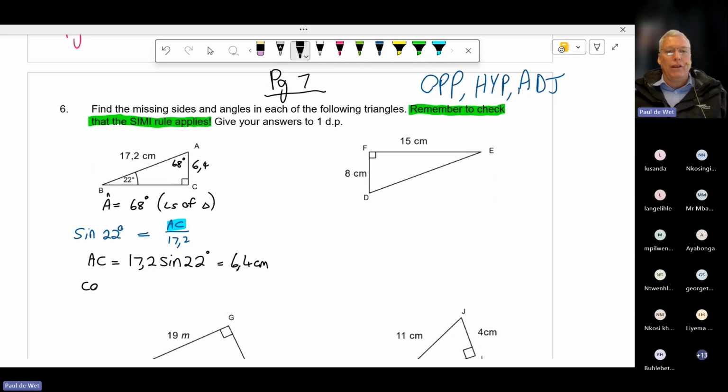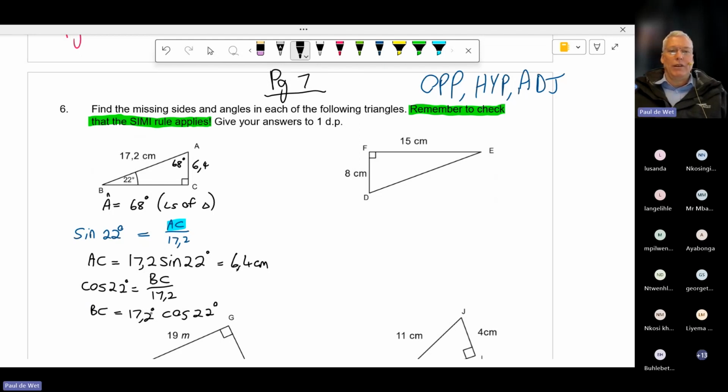I could use cos of 22 is BC over 17,2. And what must I do to both sides to get BC? Times by 17,2.